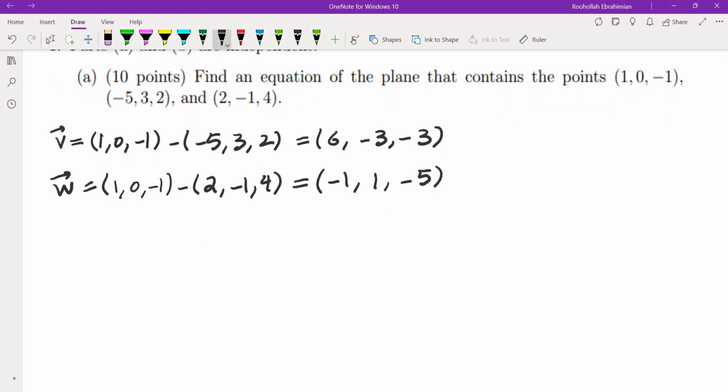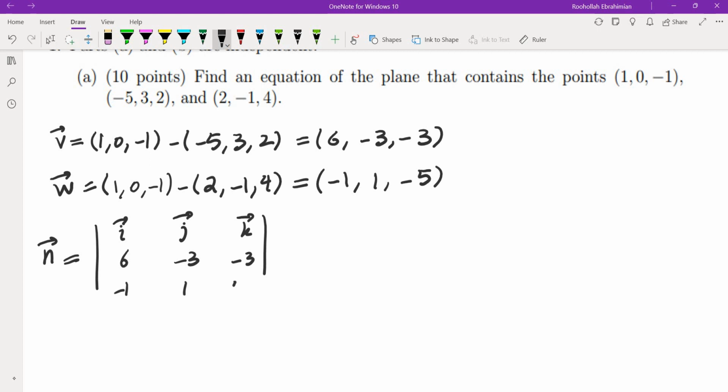Next we'll have to find the cross product of these two. So the normal vector would be the determinant with i, j, k, then 6, -3, -3, then -1, 1, -5. Eliminating the first column we get (15 plus 3)i.